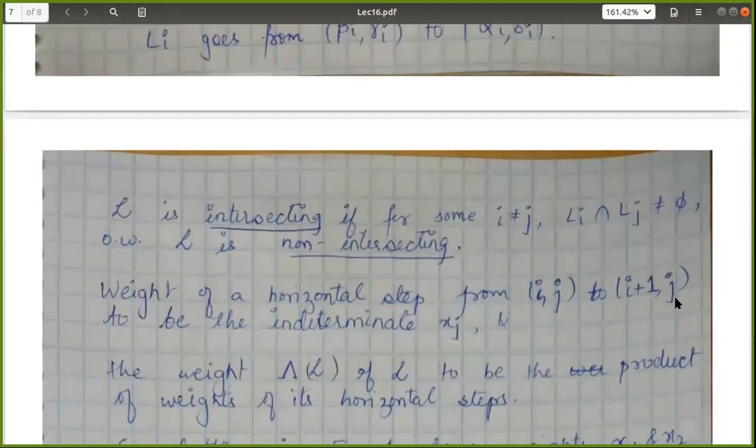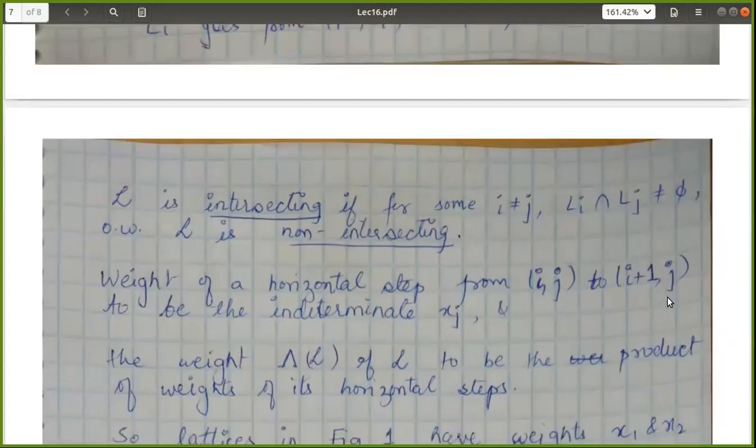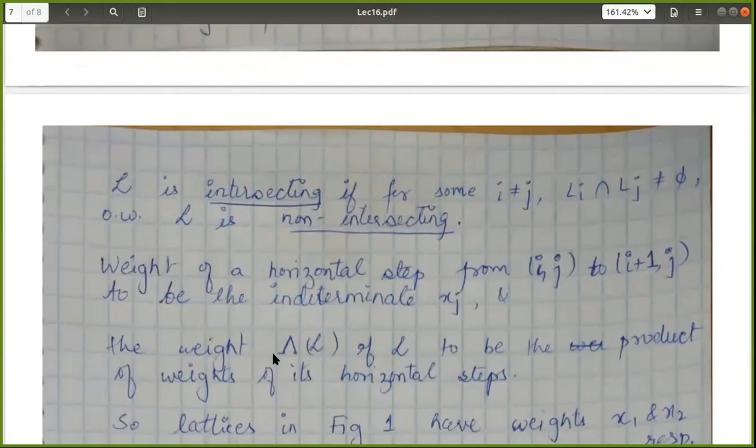That is how it's a horizontal step. So the weight on a horizontal step from this to this is the indeterminate xj, because j is the only thing which is fixed here. Then the weight of L is defined to be the product of weights of its horizontal steps.